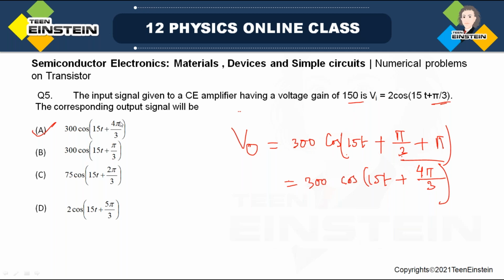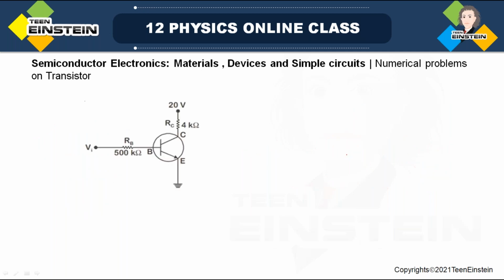So that's why I have added the pi, and hence we get 300 cos of omega t, that is 15 into t plus 4 pi by 3. So the first option is the correct answer for this question. Okay, so this is how you have to solve problems from transistor. Another last problem I'll take up.